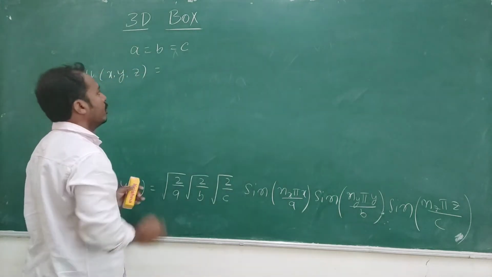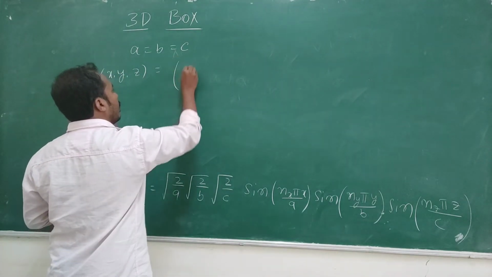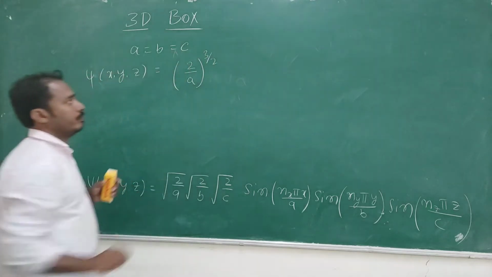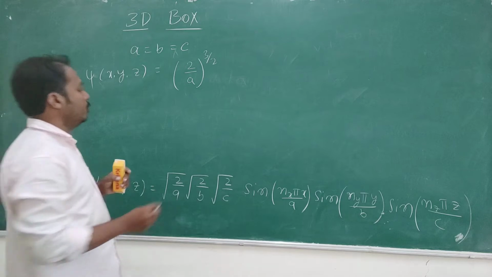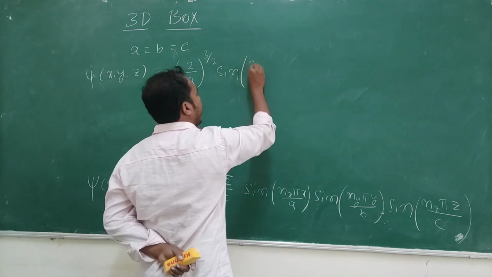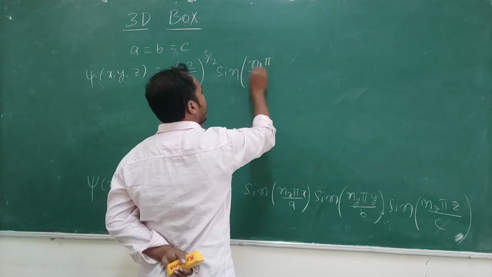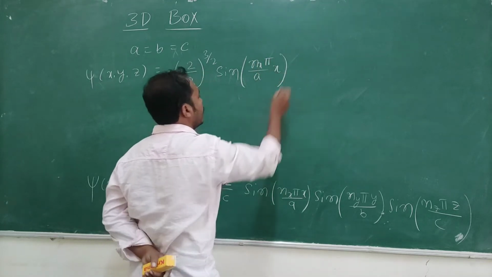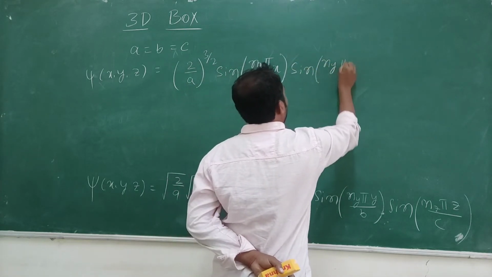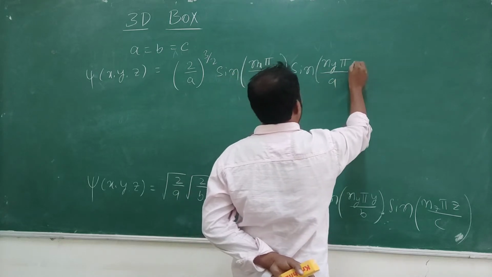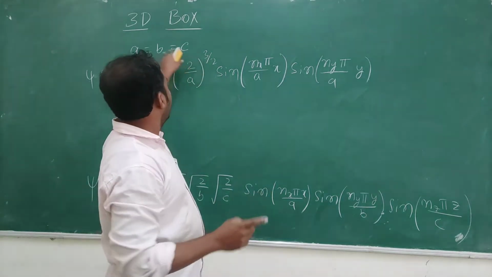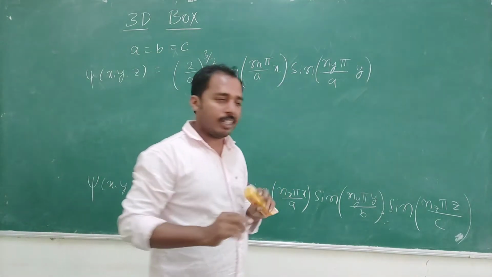All are the same, so 2 by a to the power 3 by 2, times sin of n_x pi x by a, sin of n_y pi y divided by a, sin of n_z pi z divided by a. Here a is equal to b is equal to c, all our sides are equal.